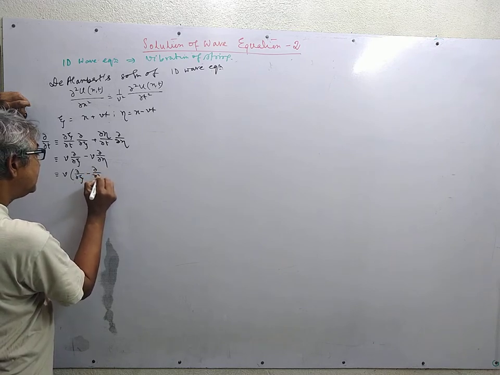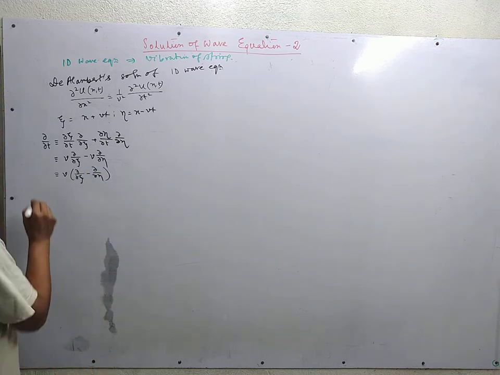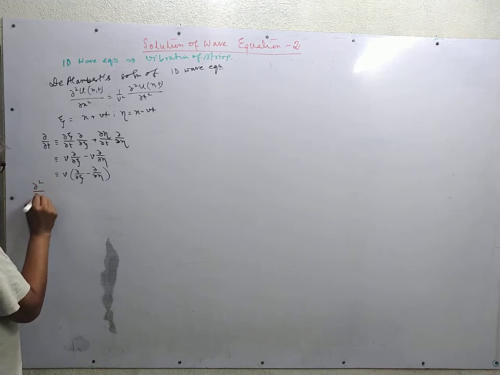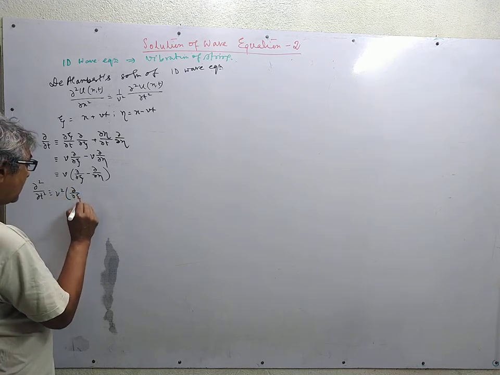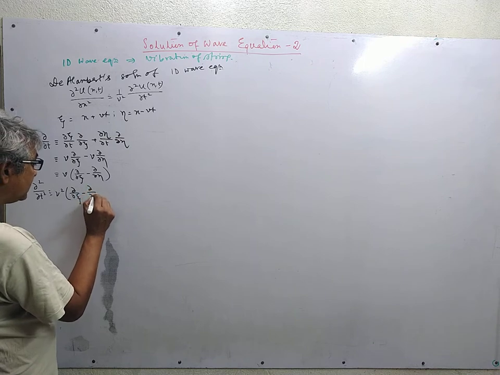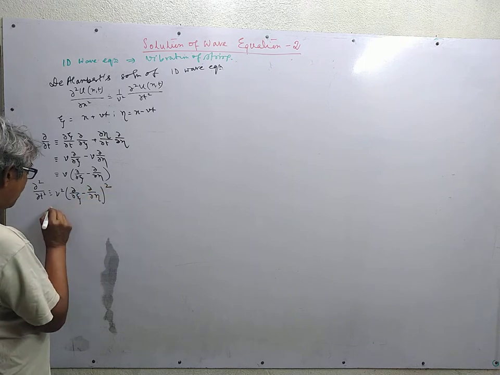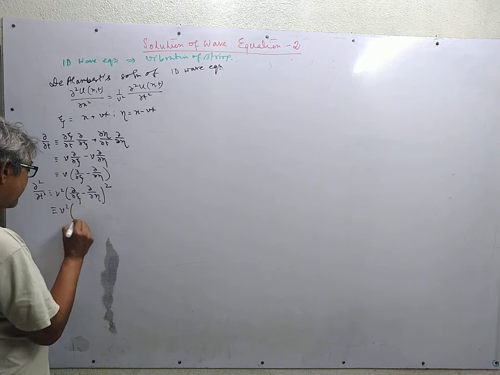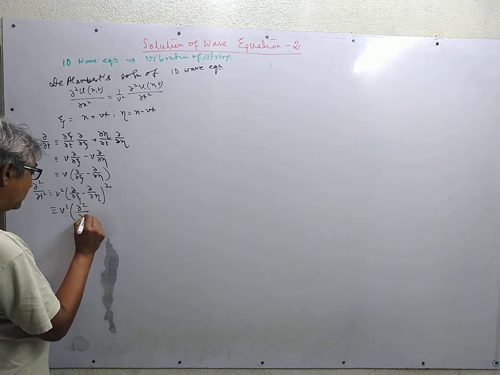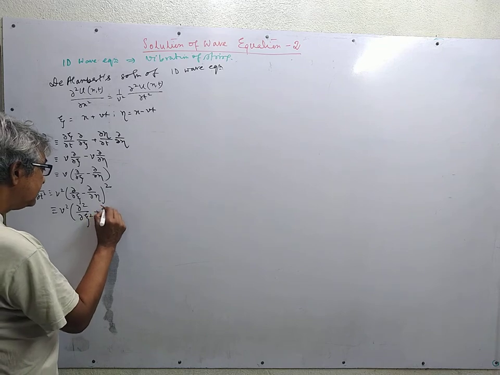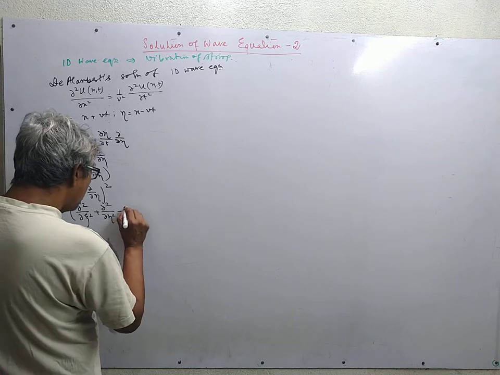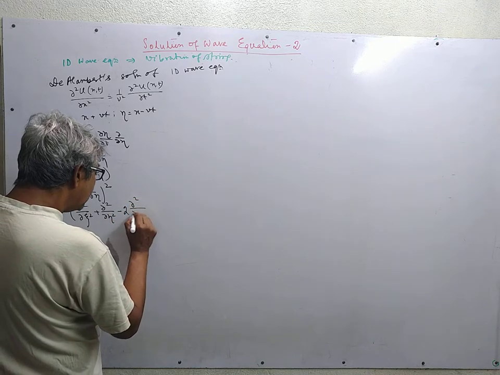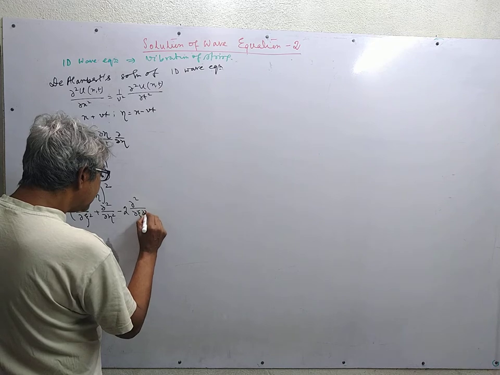minus del by del eta. So that del 2 by del t2 is equal to v square, del by del xi minus del by del eta to the power 2, which is v square times del 2 by del xi 2 plus del 2 by del eta 2 minus twice del 2 by del xi del eta.